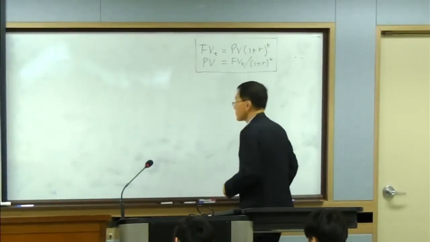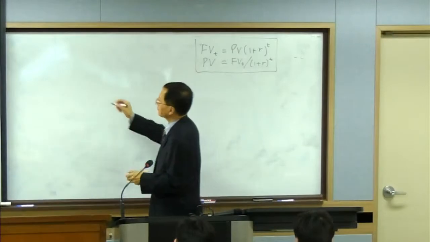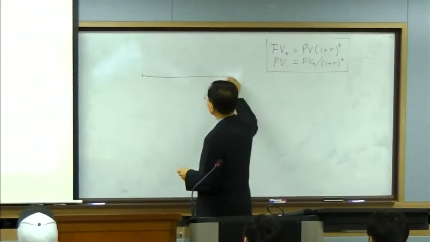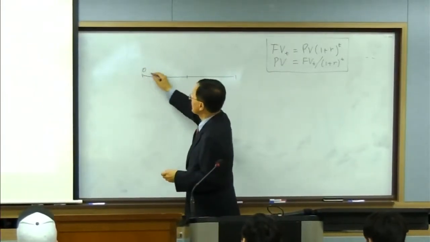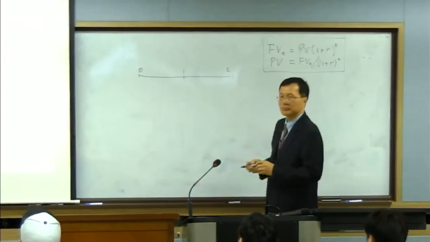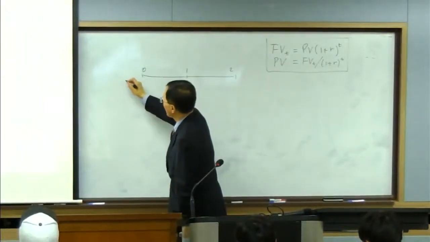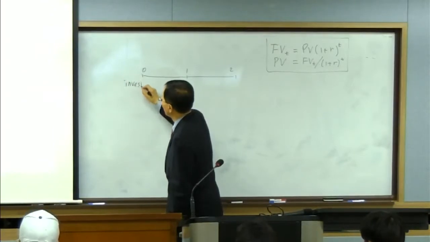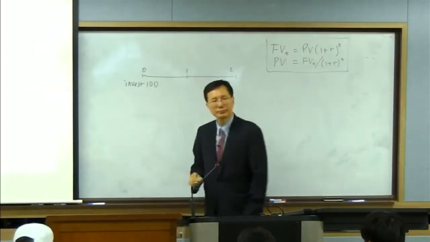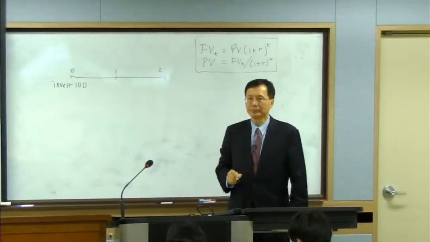Okay? Here is a timeline. This is very critical, time 0 and 1 and 2. And your broker is asking you to invest 100. Right?